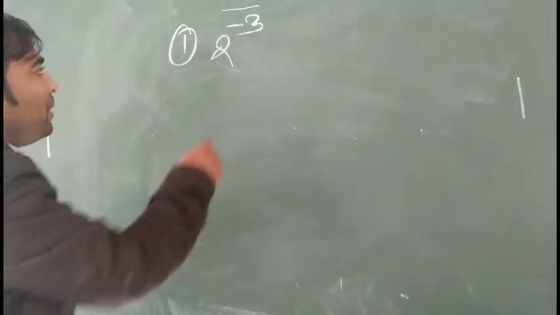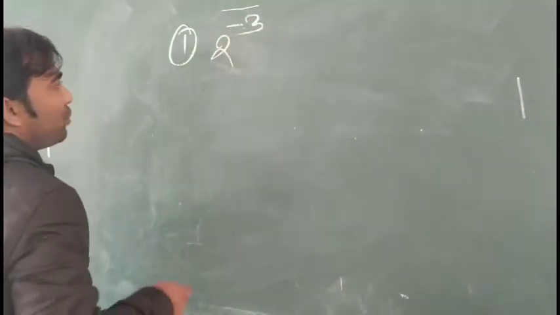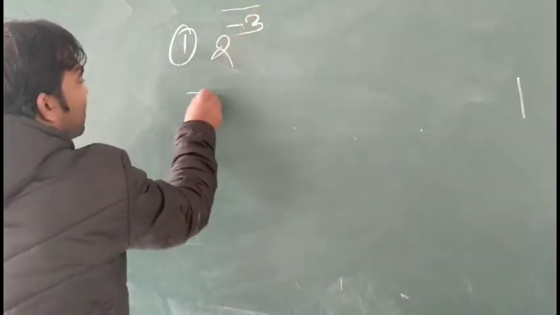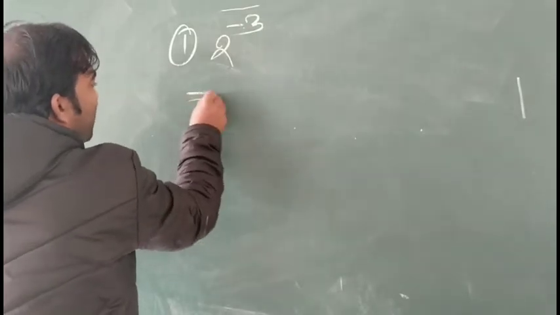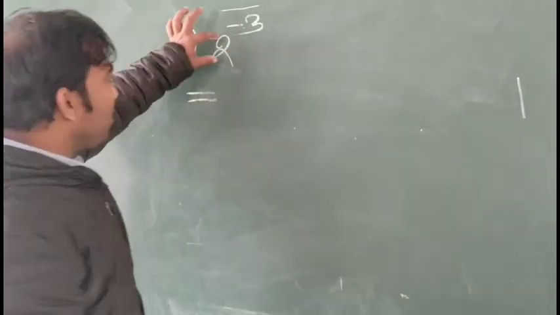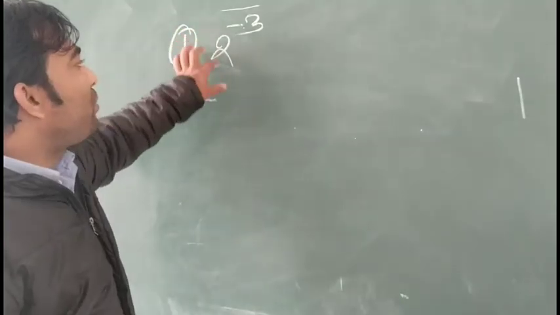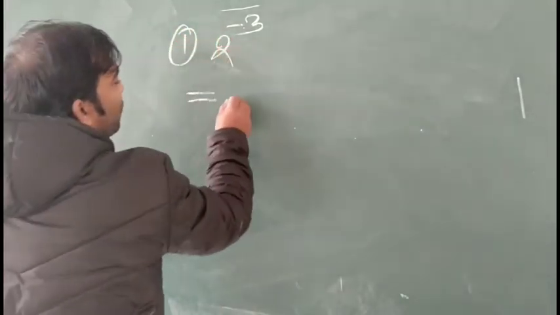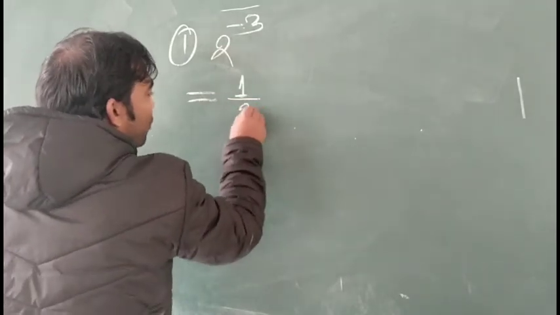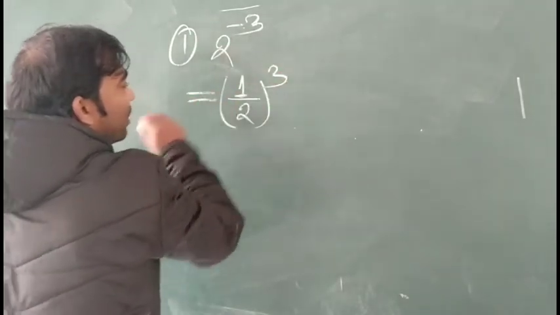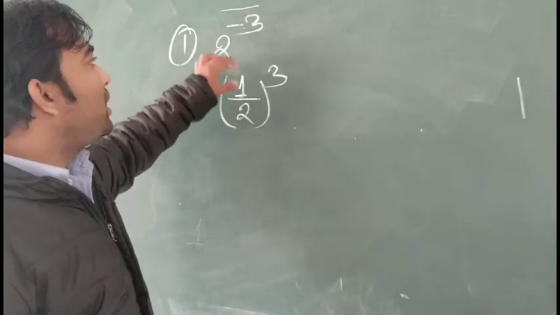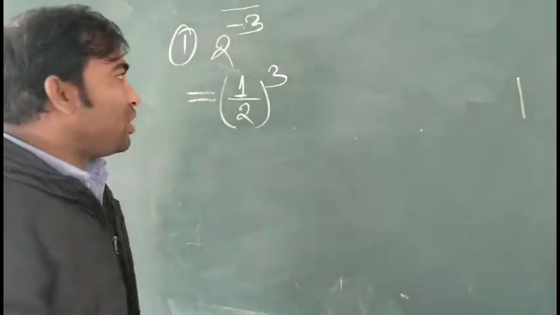You have to make it positive. How can we make it positive? 2 to the power minus 3. Just remember, what is the base here? The base is 2. Just write the reciprocal of the base. So if we write the reciprocal of 2, that is 1 by 2 whole to the power 3. When we write the reciprocal of the base, the sign of the power will be changed.